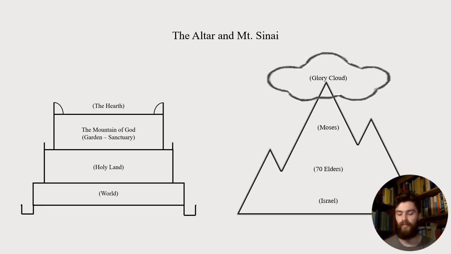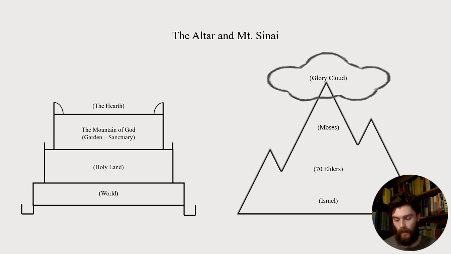You know, Israel at the base of the mountain is very similar to the understanding of the world and the unholiness and the general sinfulness of the world. The elders who are appointed, 70 is a very important number there, connected with the understanding of holiness and completeness. They're allowed on that second level up, which corresponds to the close proximity to the holy place.